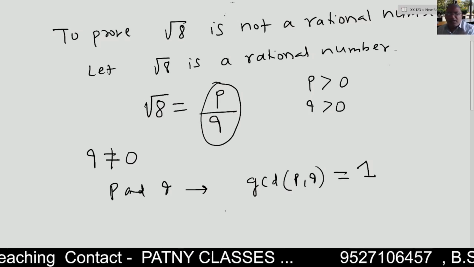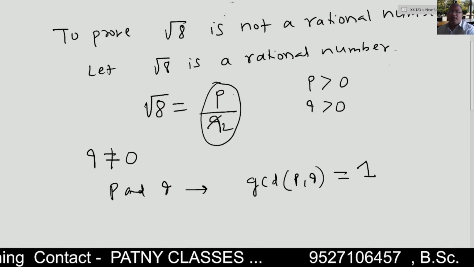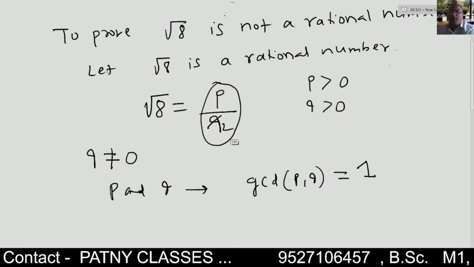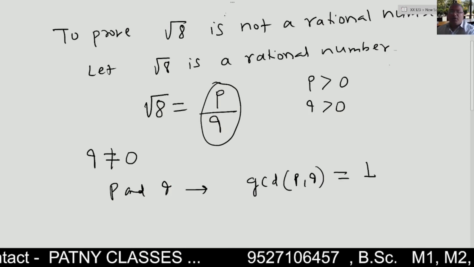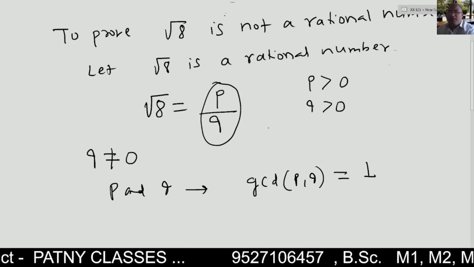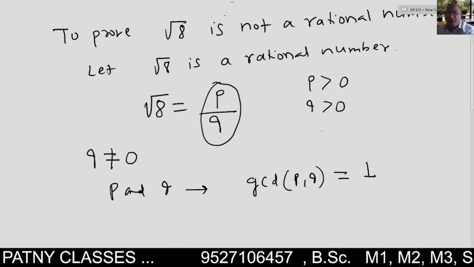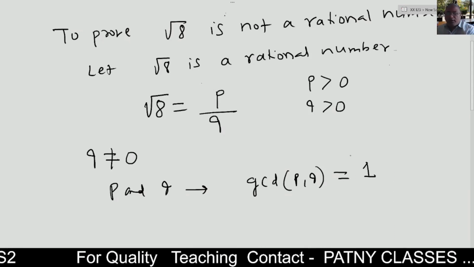That implies that we cannot cut p and q by 2s or 3s. We cannot cut it. They are not cuttable. That is the lowest proportion of p upon q. They are already in a simplified ratio, and that ratio cannot be further simplified. Therefore, GCD of p and q is taken as 1.